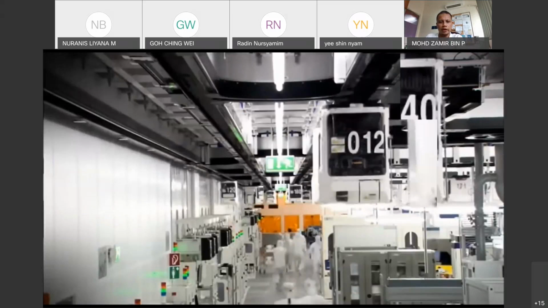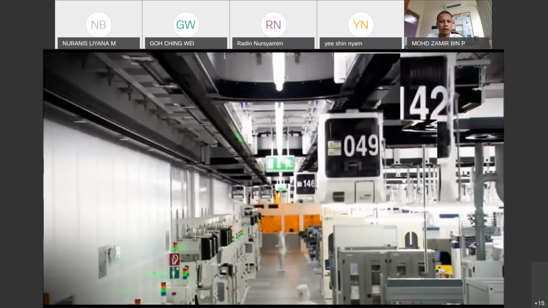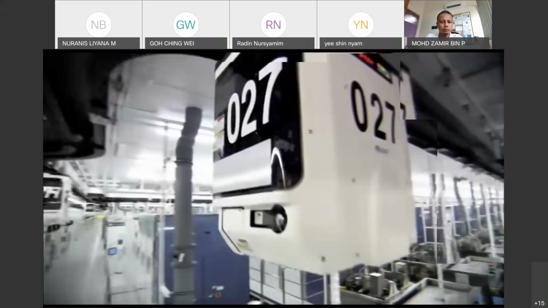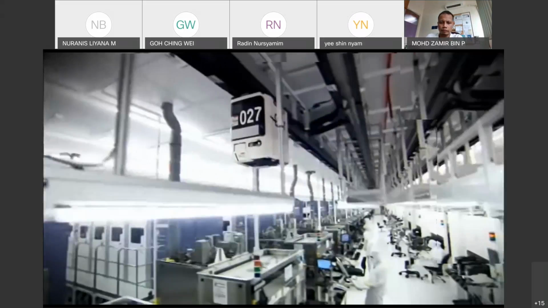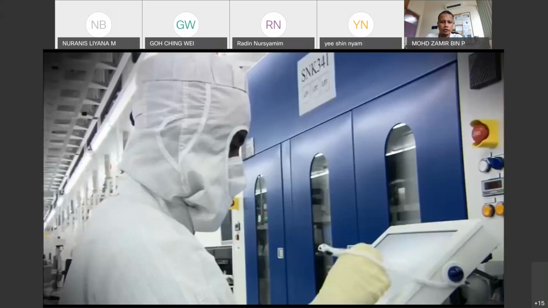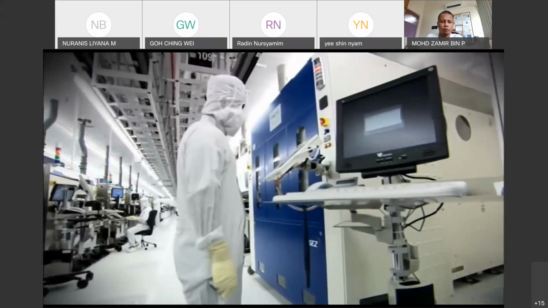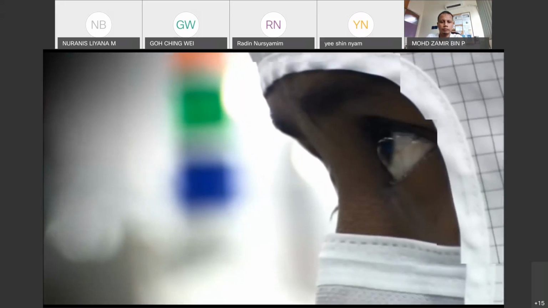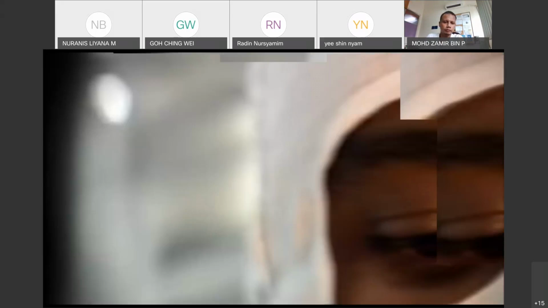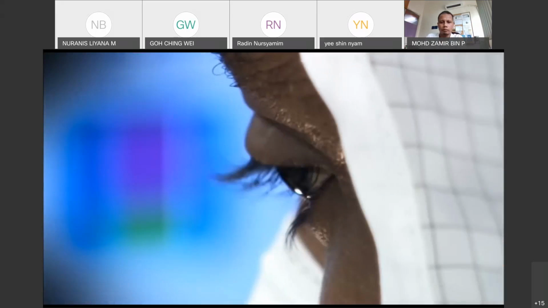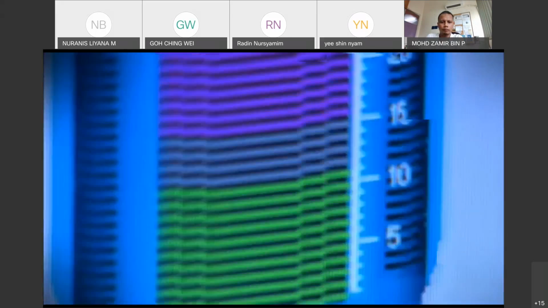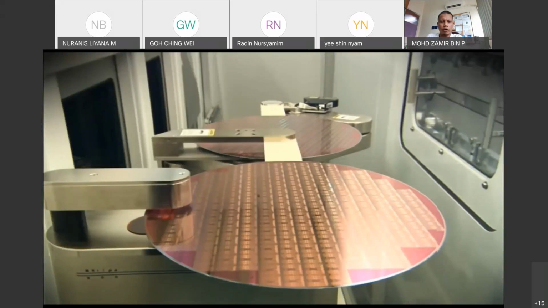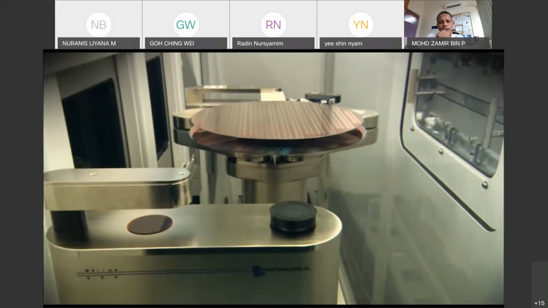So that's another area of the wafer fab. So it says it's going to ion implantation for doping process. So that's a robot arm handling wafers.